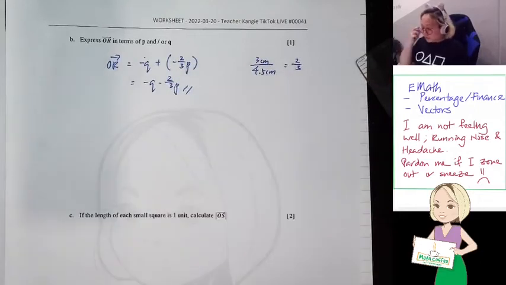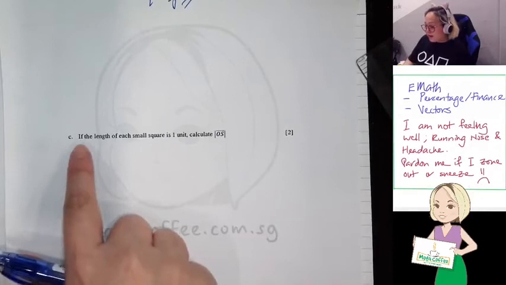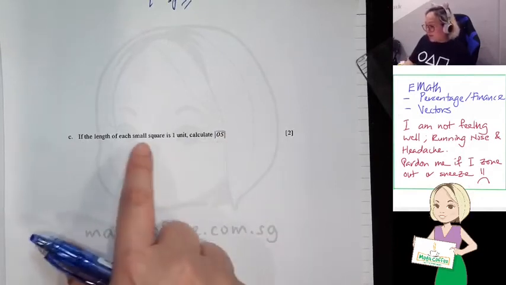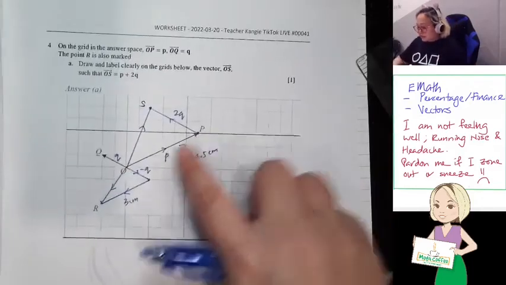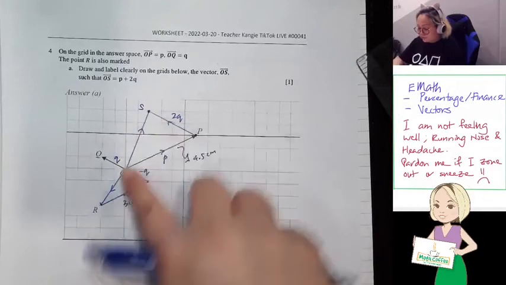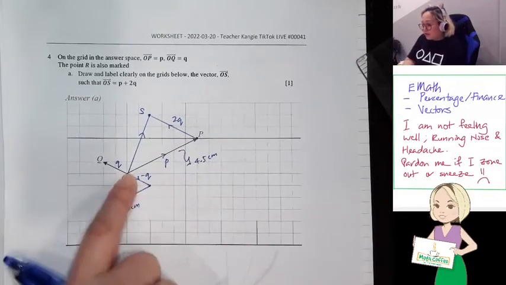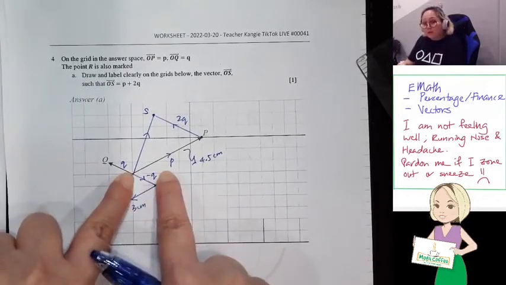Okay, that's to find OR. Now next, they ask to find the length of OS. They say the length of each small square is 1 unit. If you look at OS, it is simply looking at the x: I have to walk here, positive 2.